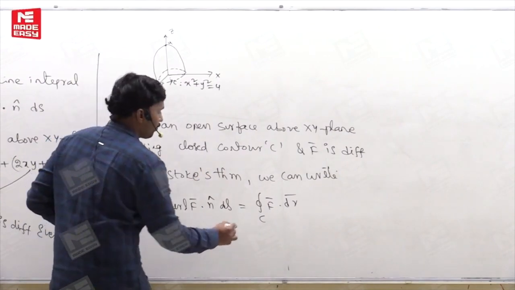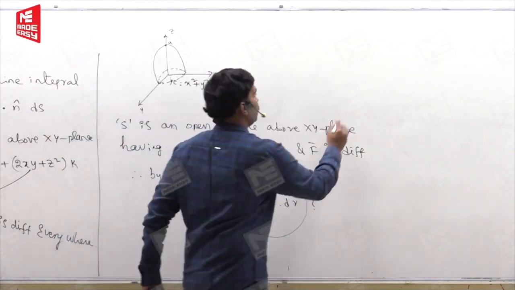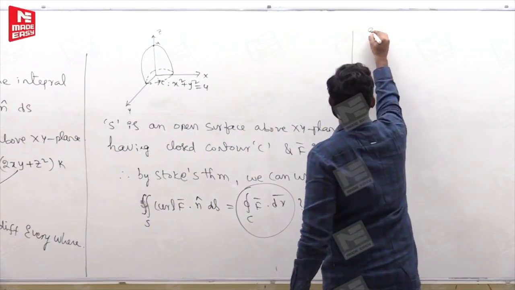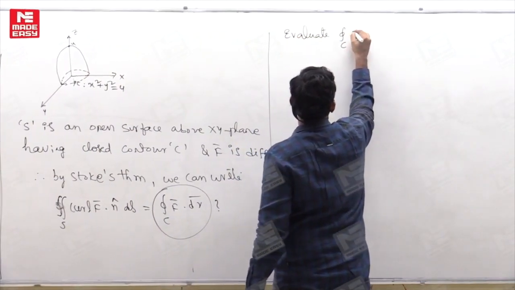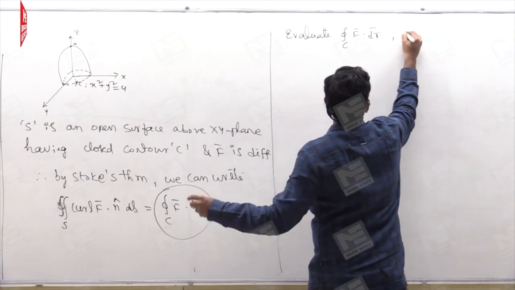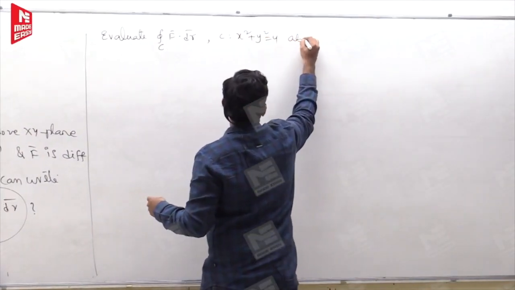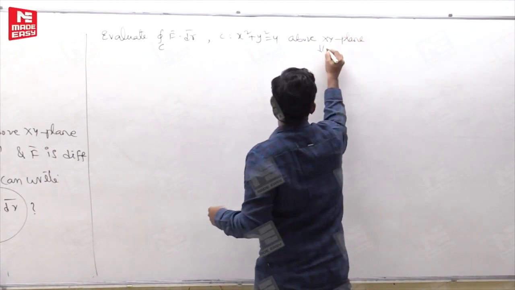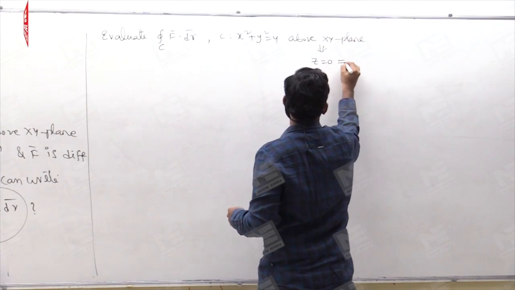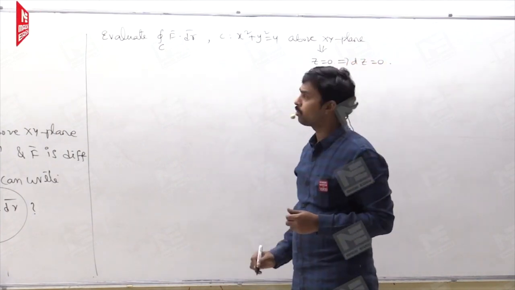Now, how do you evaluate this one? The question is to evaluate the integral over C of f bar dot dr bar, where C is x square plus y square is equal to 4 above the xy plane. When I say above the xy plane, I can say z is equal to 0, that is dz is equal to 0 here.